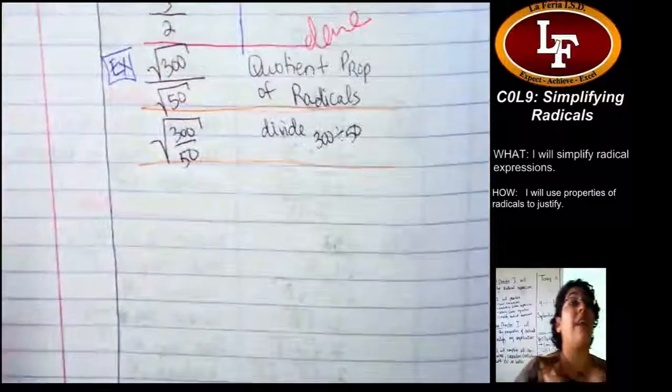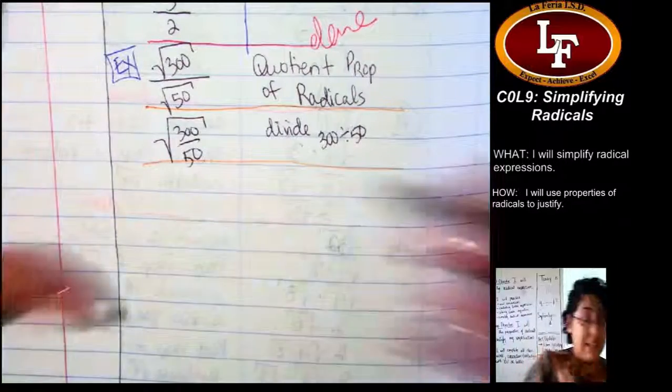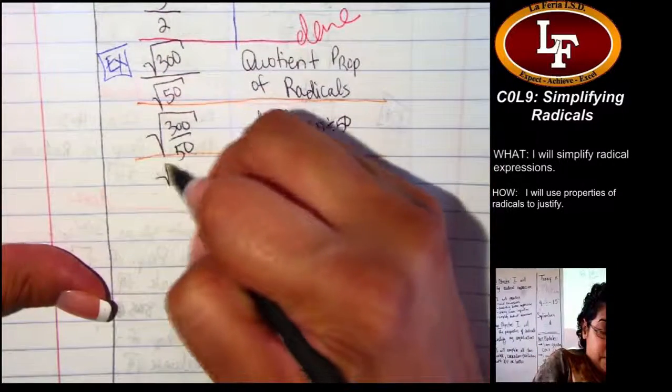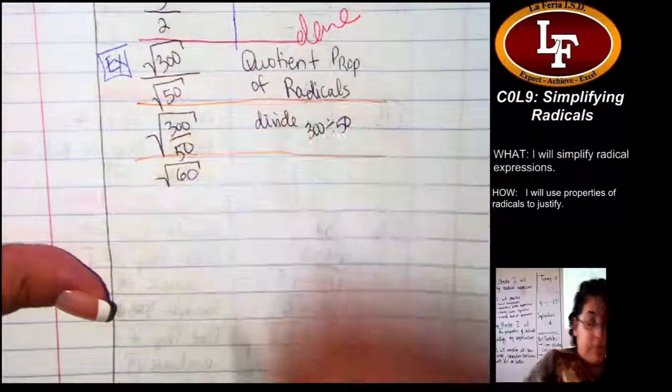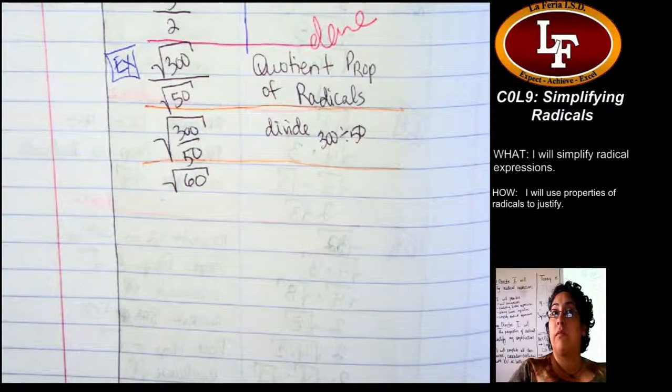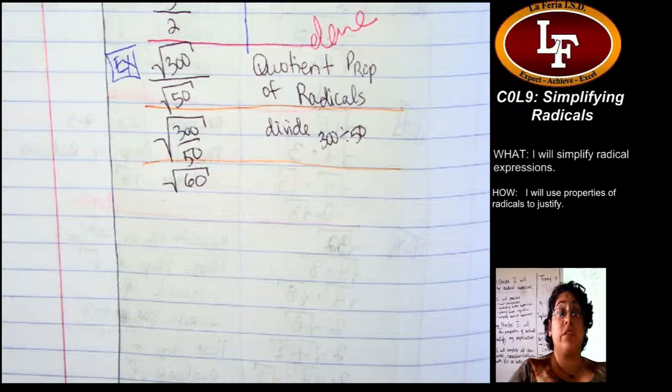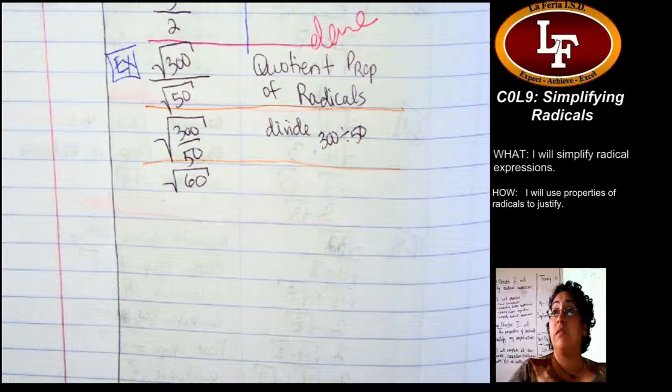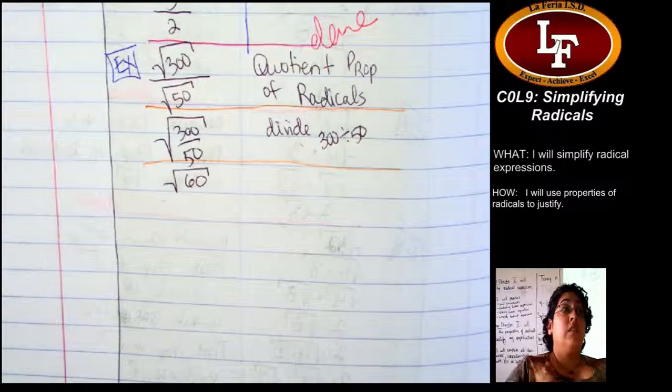As you were saying with that 30 divided by 5 thing, this is going to be 6. So far, so good? We're okay so far?